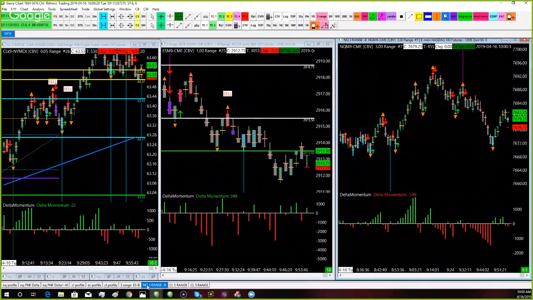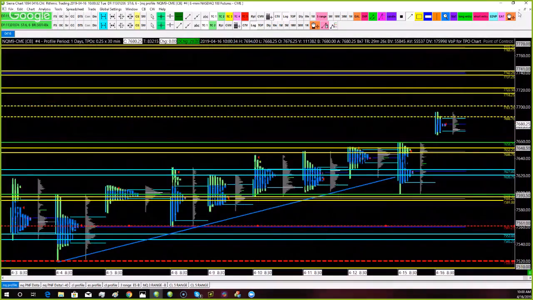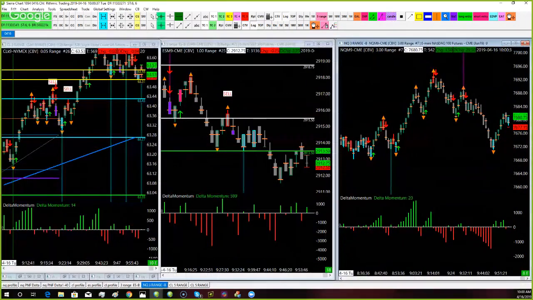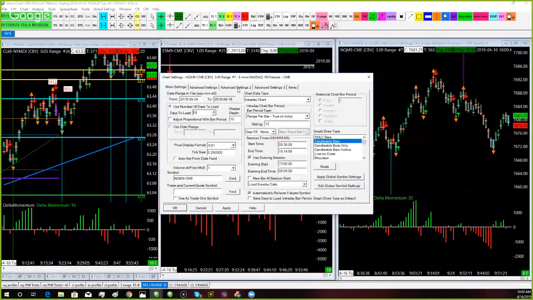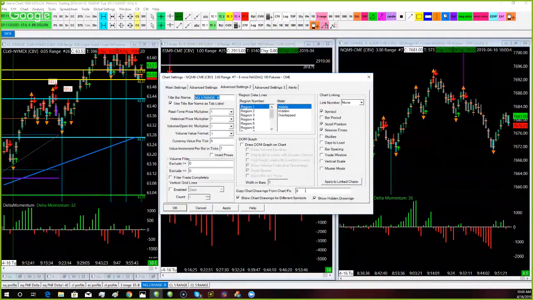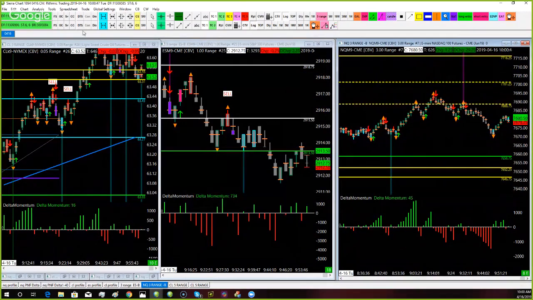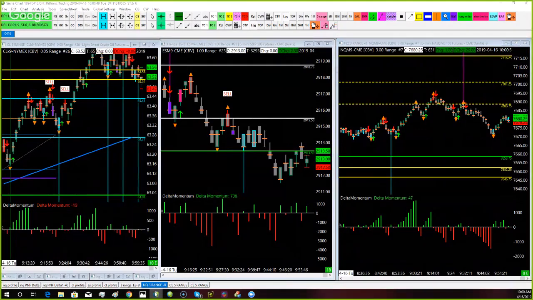Why do I have two of these charts? There we go. Now that's fixed up. And let's get rid of the last few charts we opened up.